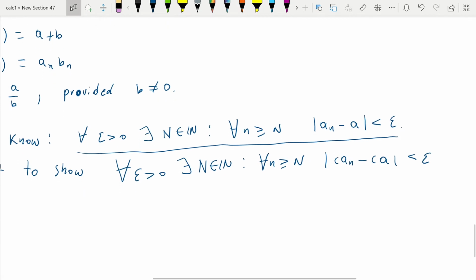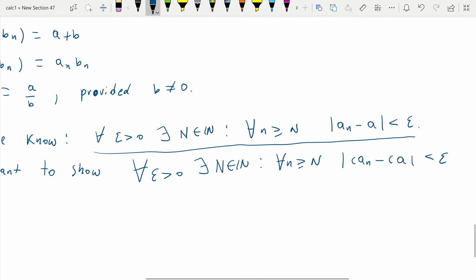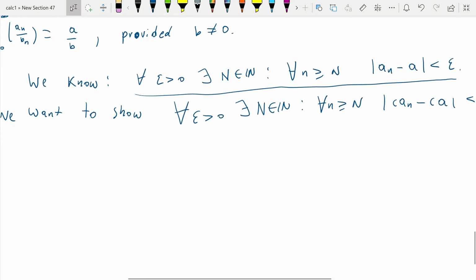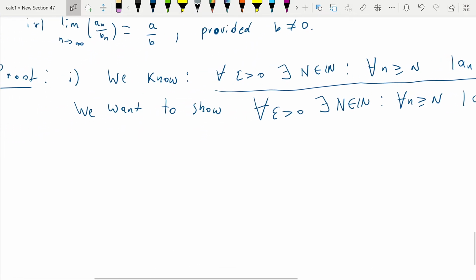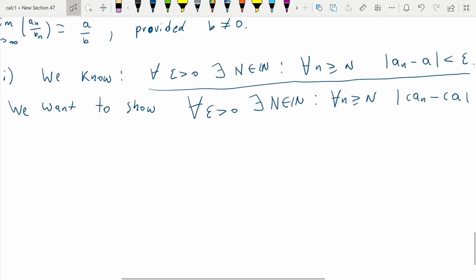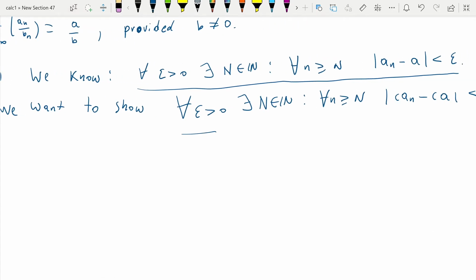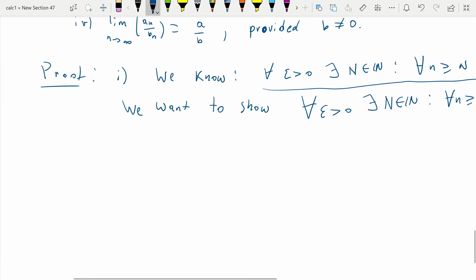This looks a lot like the one above, except that there's a c here. But what helps us is that here we have a quantifier. Starting from what we know, first of all we want to show this for all epsilon. So we start with: let epsilon be greater than 0.